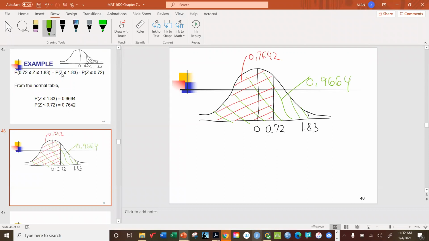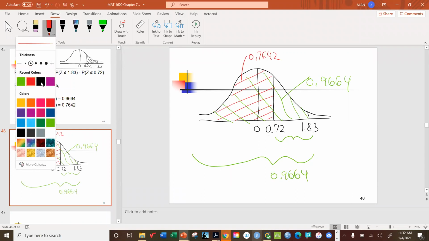The area that we really want is right here. So what we're actually going to do is this. We're going to take the larger green area and subtract the smaller red area.